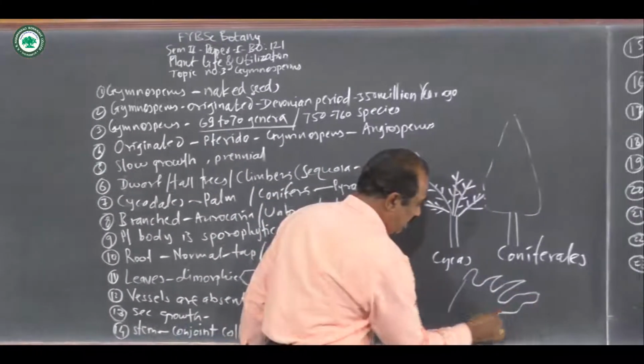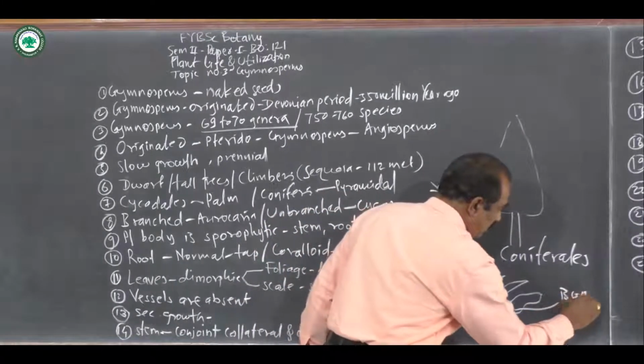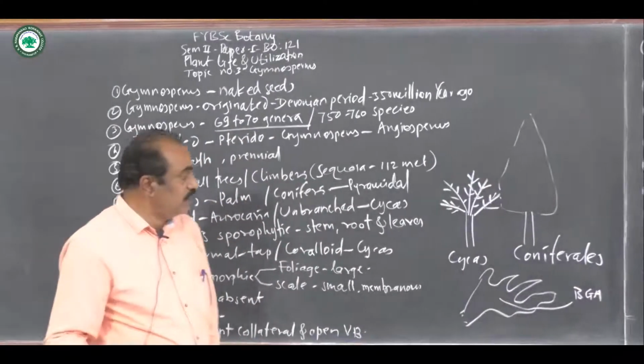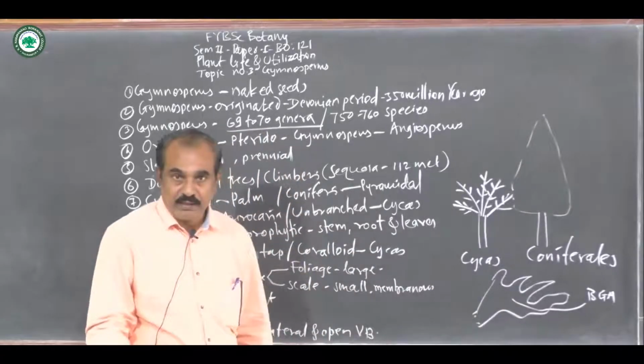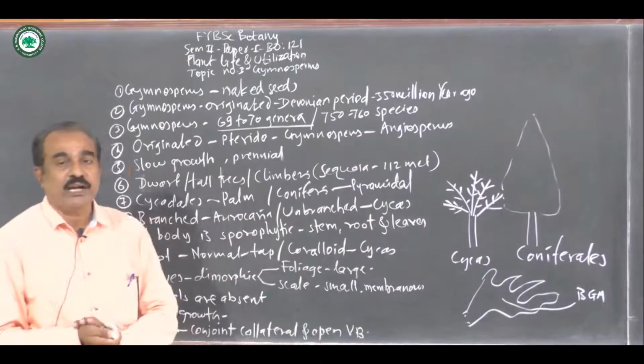This is the coralloid root. This coralloid root is found in cycas, and it has a symbiotic association with blue-green algae. These blue-green algae are important for the fixation of atmospheric nitrogen.